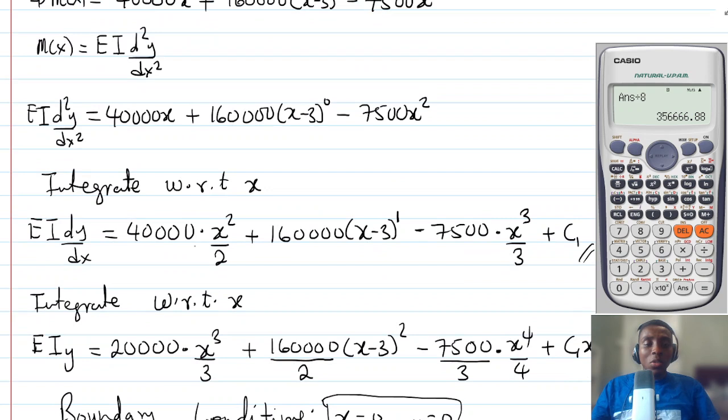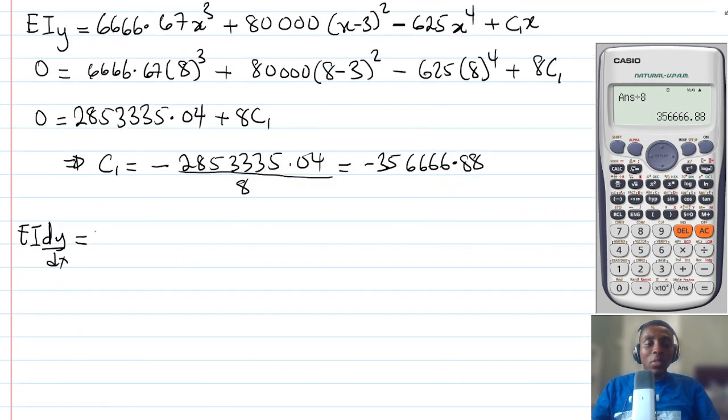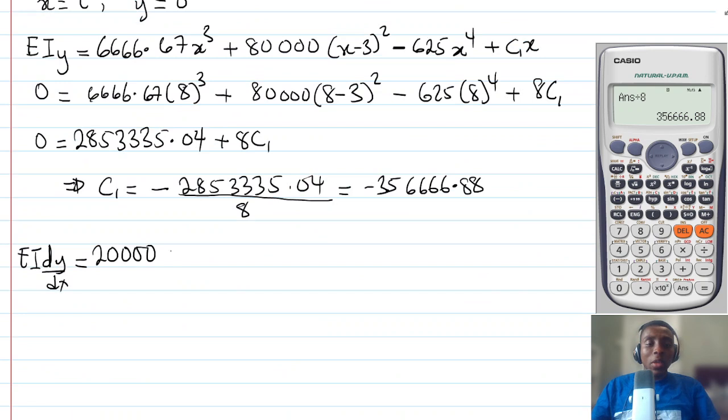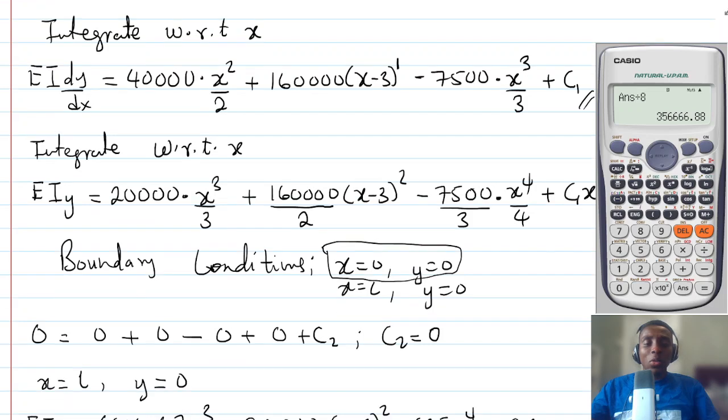It's going to be 40,000 divided by 2, which is 20,000. So we have 20,000 x squared. Okay, so if you do the 20,000 x squared, then we come to what? 160,000 divided by 2, which is what? 80,000.